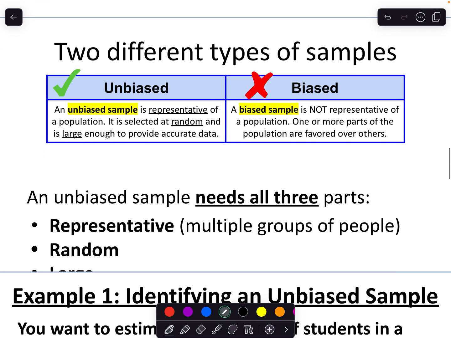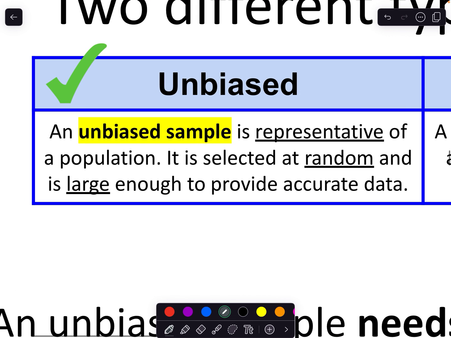So when we think about samples, there's two different types of samples. We have unbiased samples, which are good, and we have biased samples, which are bad. So unbiased first. An unbiased sample has three things going for it. It's representative. Representative means it has lots of different types of people or groups of people or types of items, or whatever you're talking about.